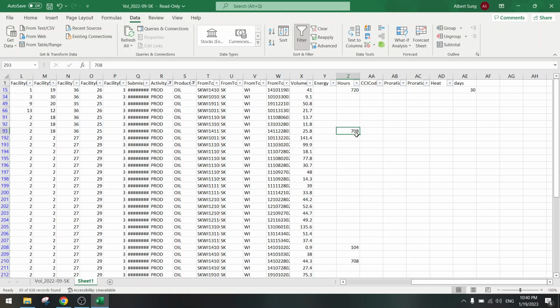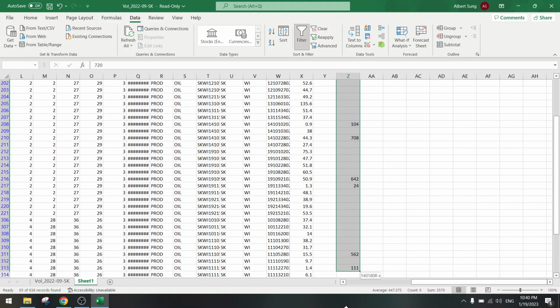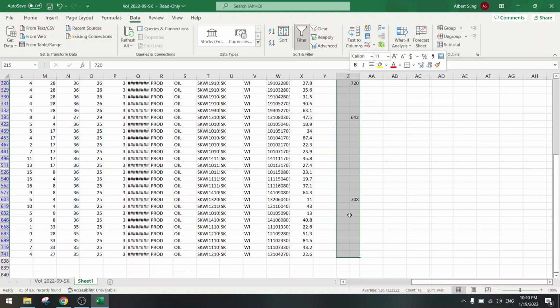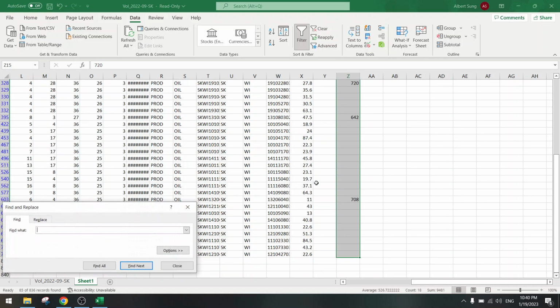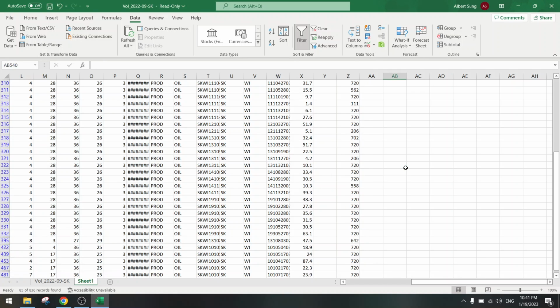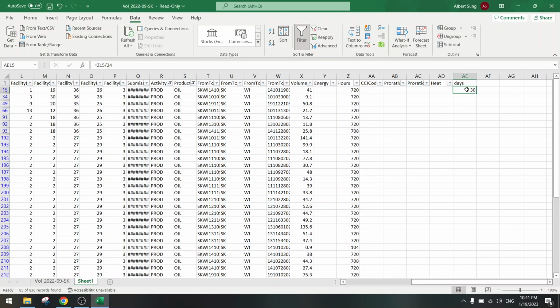And here, for example, you have fewer days produced. Here it's even less. Not sure about these ones, but let's fill them up with 720. So now we filled them up.